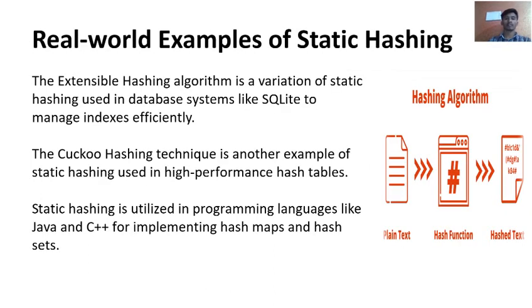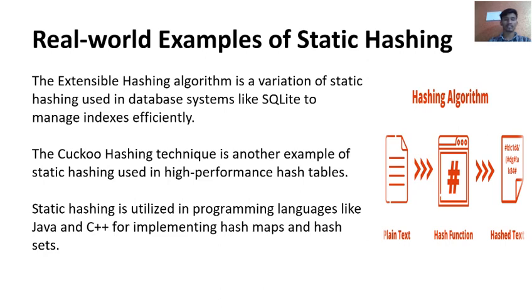Real-world examples of static hashing. The extendible hashing algorithm is a variation of static hashing used in database systems like SQLite to manage indexes efficiently. The cuckoo hash technique is another example of static hashing used in high-performance hash tables.